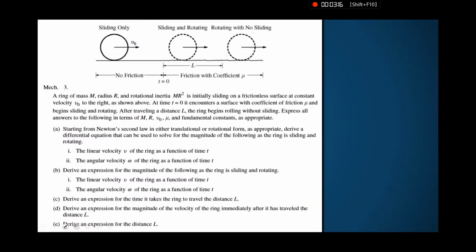Okay, so question for today. We have a ring of mass m, radius r, and rotational inertia mr squared. We're initially sliding on a frictionless surface at constant velocity to the right. So there is no friction from here to here.